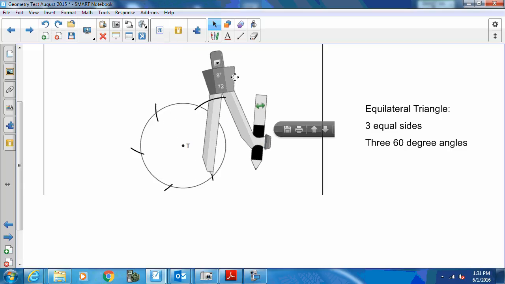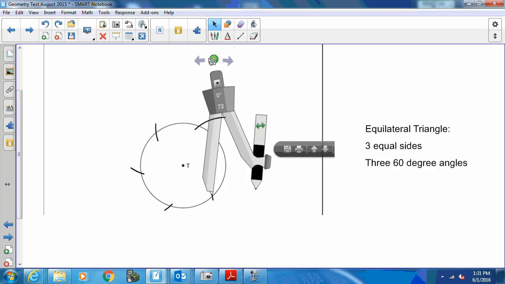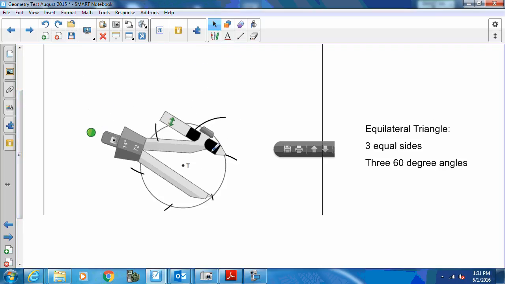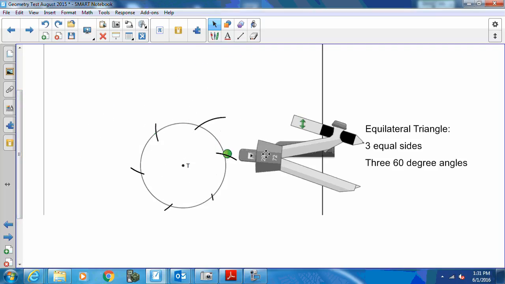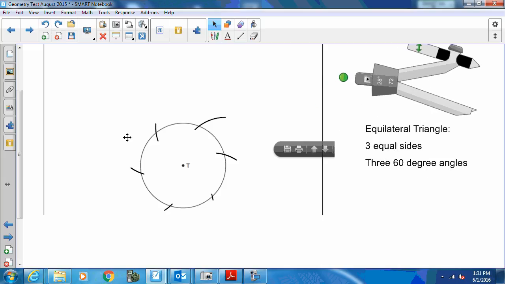Almost done. One more. All right, so now we have 6 intersection points.